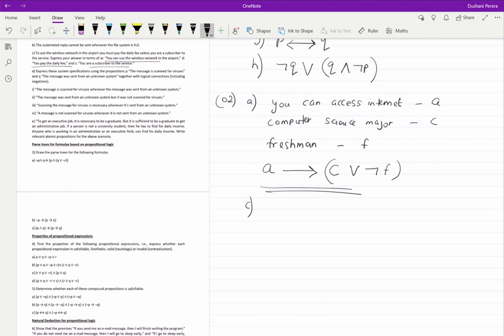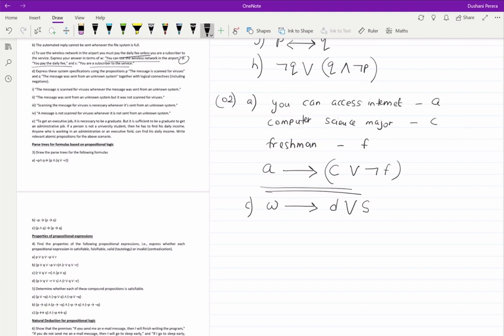So if you want to use the wireless network, which is W, then either you have to pay the daily fee or you have to be a subscriber to the service. Subscriber is given by S. So this is how you write the answer to part C.